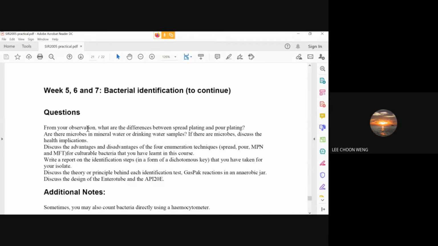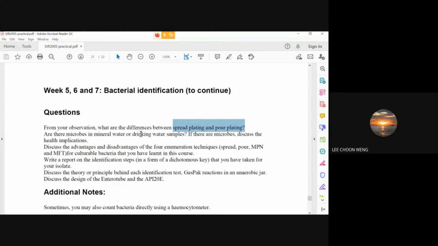These are some of the questions that you should be able to answer. From your observation, if you're doing spread plating and pour plating, what do you think are the differences? Same method, same sample?